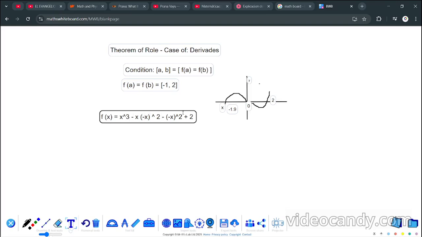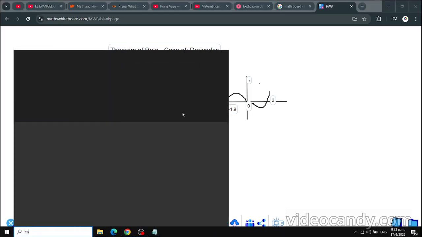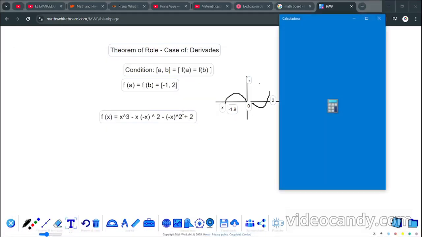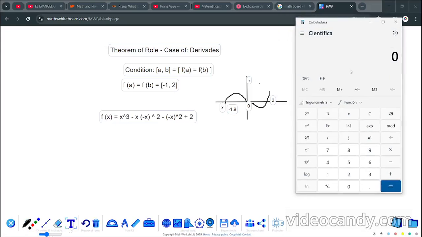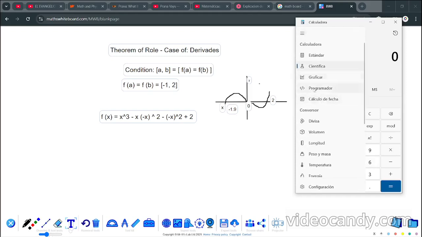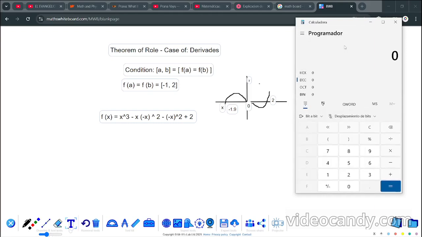I will tell you something that you may not understand right now really fast. And let's make this, for example, in a calculator. And you will see that it's different. For example, let's put this as a, let's say, as a programmer, I don't know.